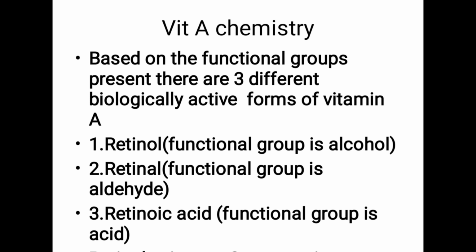So retinol contains alcohol; you see the last two letters are OL, which contains alcohol. Retinal, AL, that is aldehyde, CHO, and retinoic acid is the acid group. So retinol, retinal, and retinoic acid are three different biologically active forms of vitamin A.